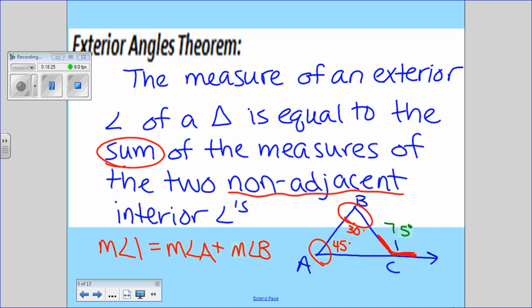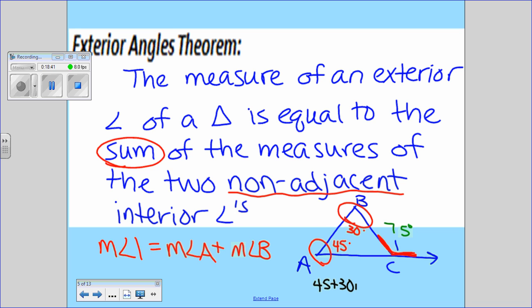Because if you use the triangle sum theorem, you're going to get 45 plus 30 plus the measure of angle C has to add to 180. So what's the measure of angle C have to be? 105?